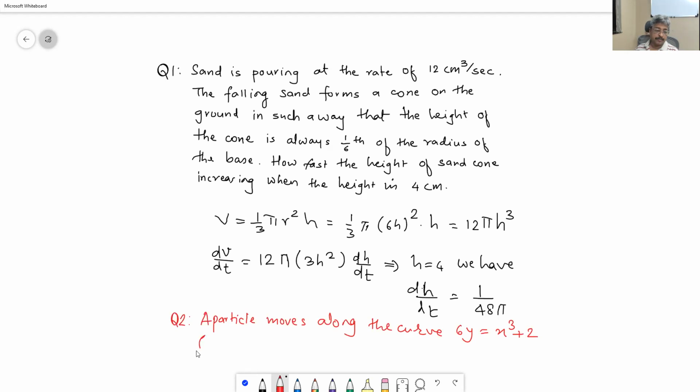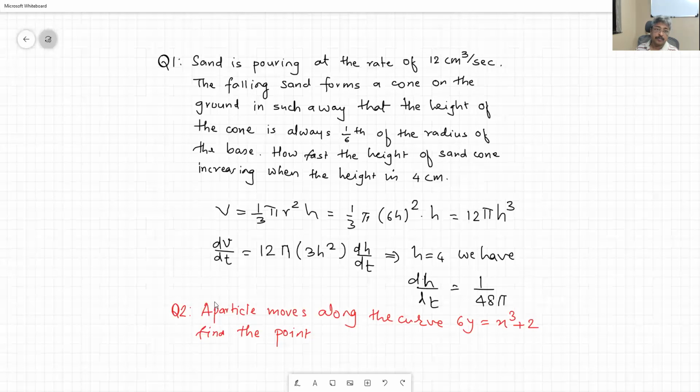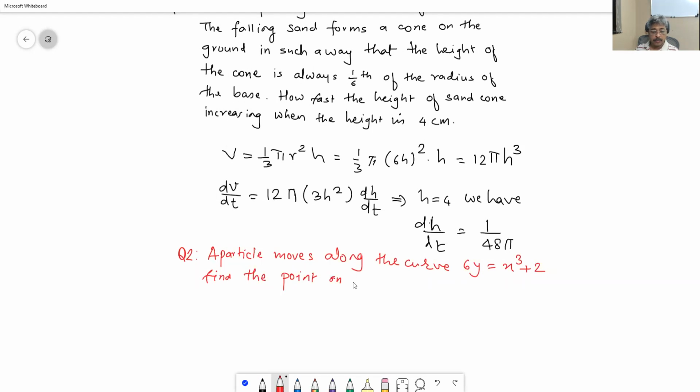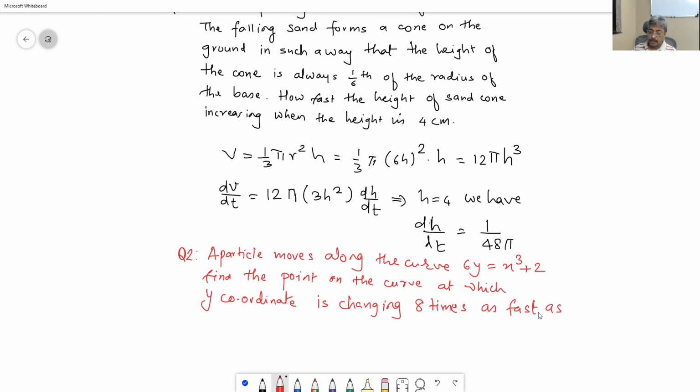Find the point on the curve at which y coordinate is changing 8 times as fast as the x coordinate.